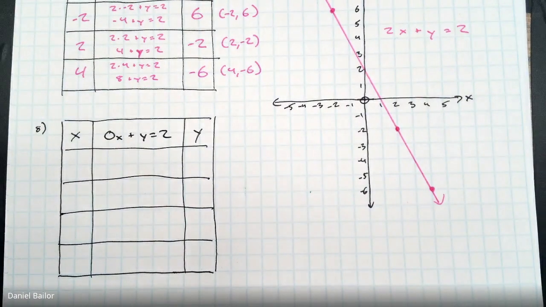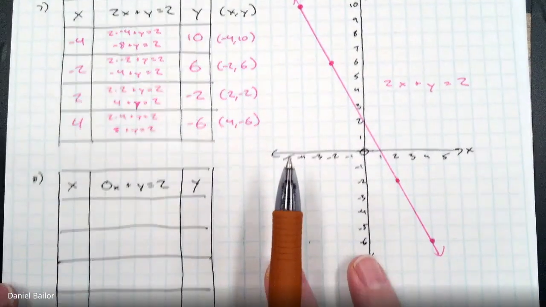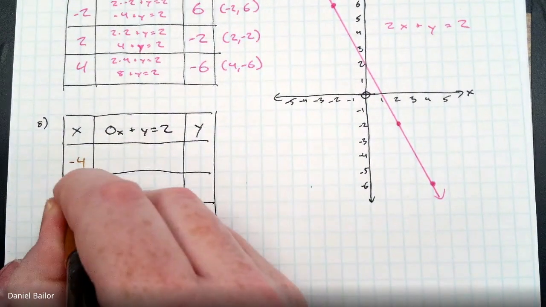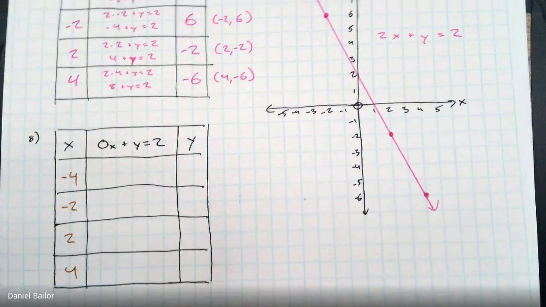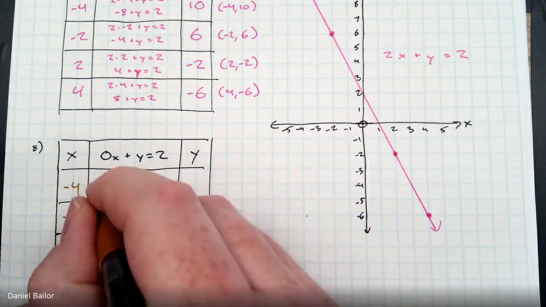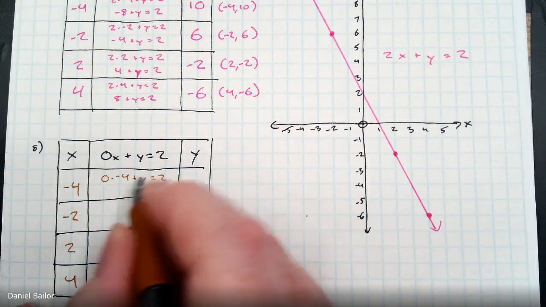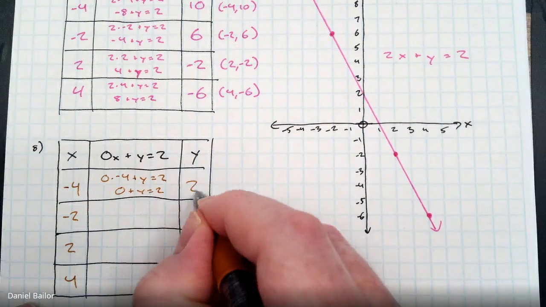Just like for number 7, I started with the x's. Let's do -4, -2, 2, and 4, the same x values we used for number 7. This equation is 0 times -4 plus y equals 2. That turns into 0 plus y equals 2, so y is 2.